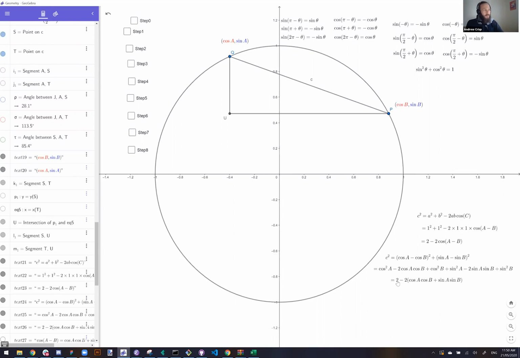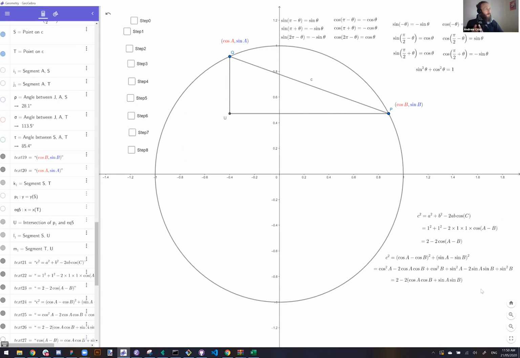Where does the 2 come from? Cos squared A plus sine squared A gives me 1. Cos squared B plus sine squared B gives me the other 1. And then I've got minus 2 cos A cos B, and minus 2 sine A sine B, and I've just factorized it like that.